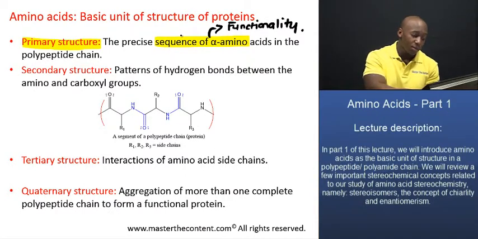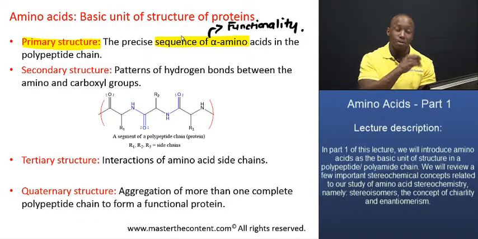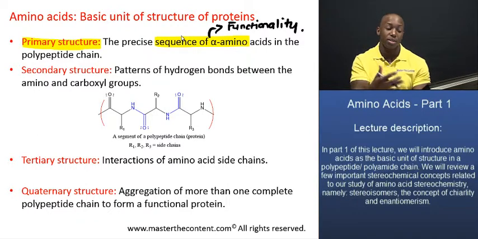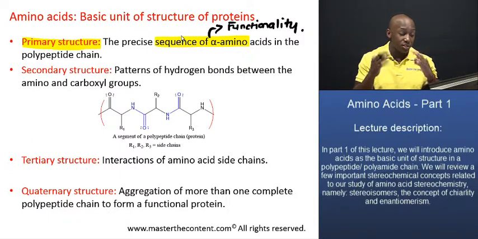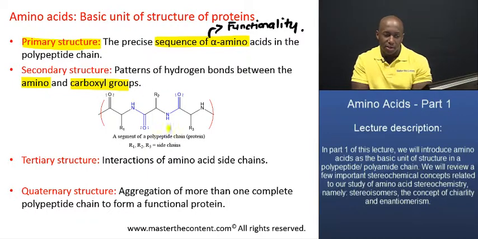Now, what about the secondary level of organization? Remember, this is just a brief overview. We're going to delve into these different levels of structure when we tackle proteins in the next lecture. The secondary structure refers to the patterns of hydrogen bonds between the amino and carboxyl groups. I'll direct your attention to the diagram at the center of the screen.